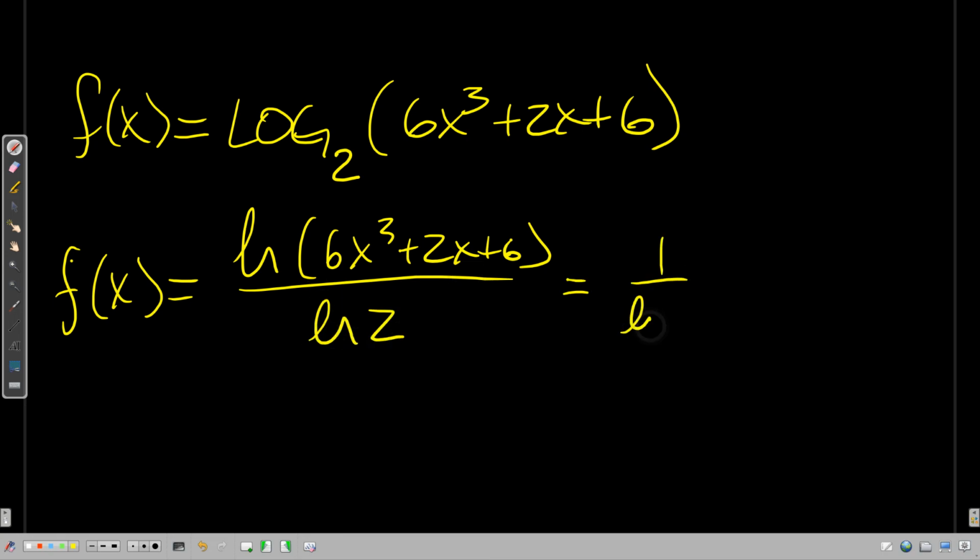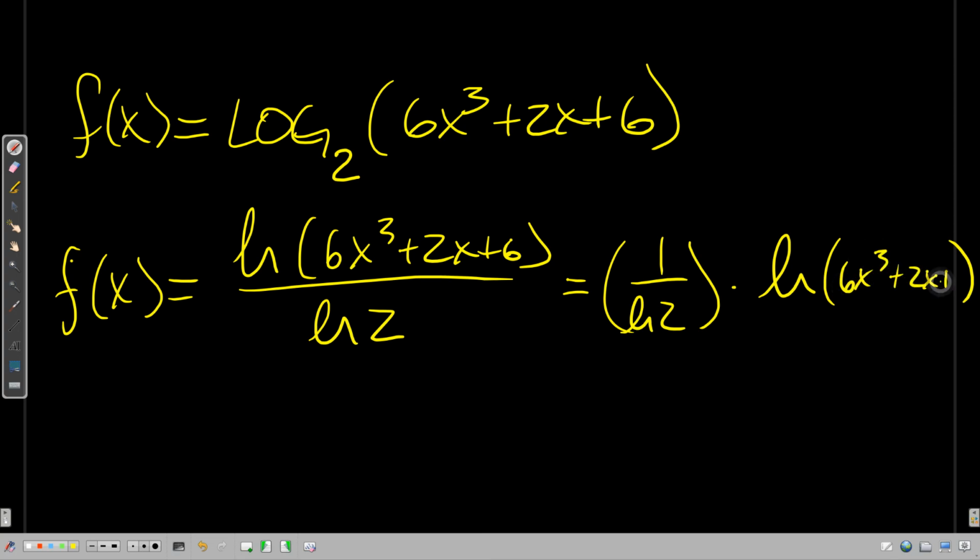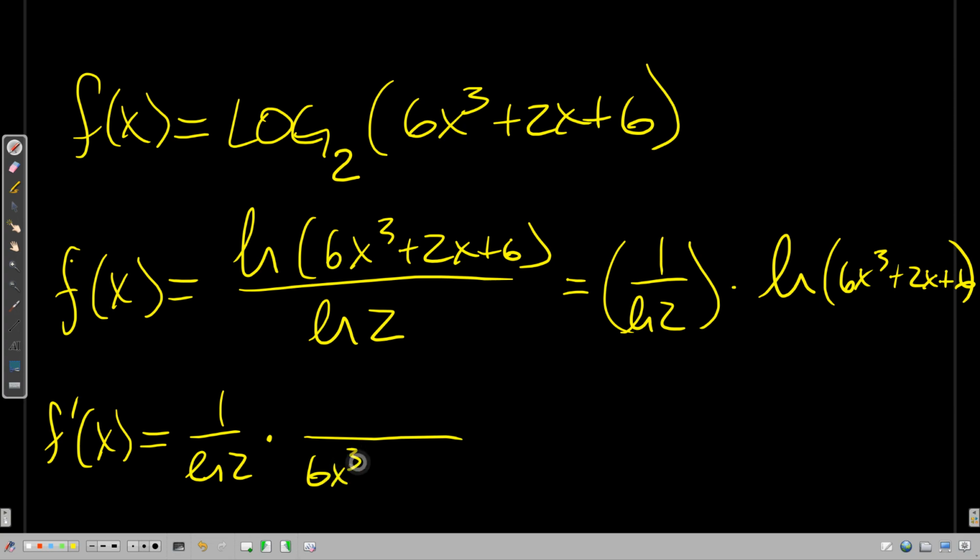And I prefer you view it as this number times this function. Because then f prime is immediate. Here's our constant. It just comes out front. And then we have the derivative of a natural log function.